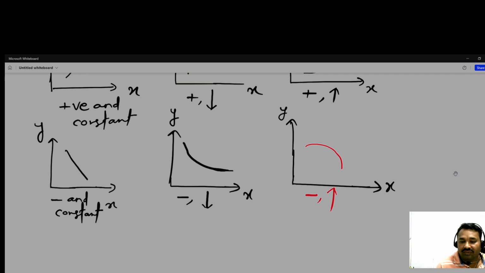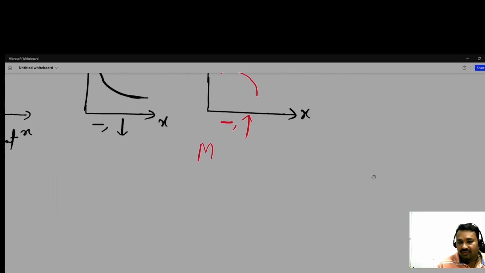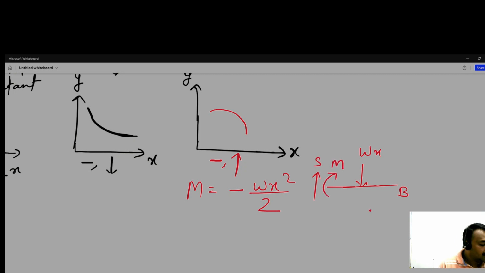Okay, so what we have, the moment equation. The moment equation we have M is equal to minus wx square by 2, and the beam we are considering from A and B. Here wx, here the shear, and this is the moment.